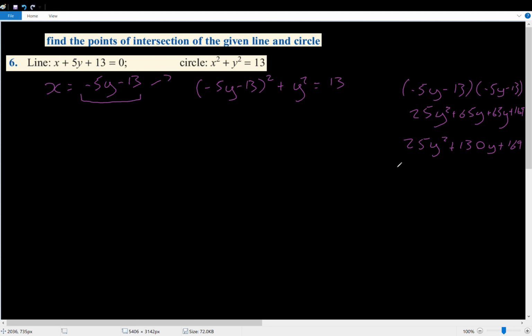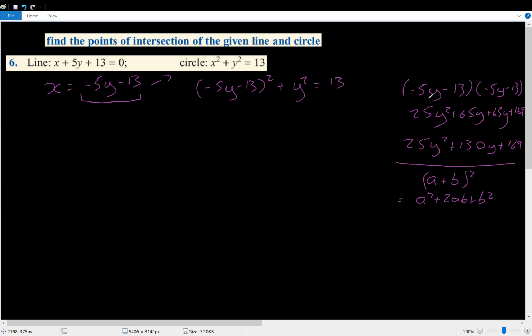But the other way that we can expand brackets like that is by following the formula a plus b all squared is equal to a squared plus 2ab plus b squared, which we can see is what would have happened if we followed it up above.